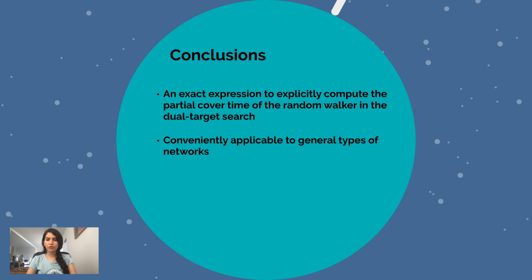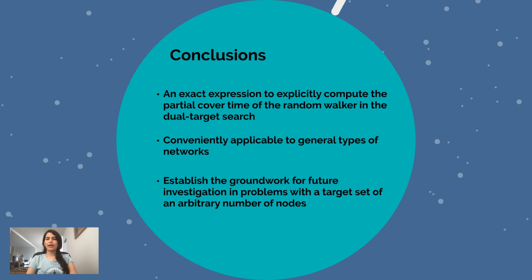The introduced formula for calculating this quantity outranks previous works in the sense that it can be conveniently applied to general types of networks, and our achievements in this work can be exploited as a pivotal method to solve the problem of partial cover time in general networks, and also establish the groundwork for future investigation in problems with a target set which includes an arbitrary number of nodes.